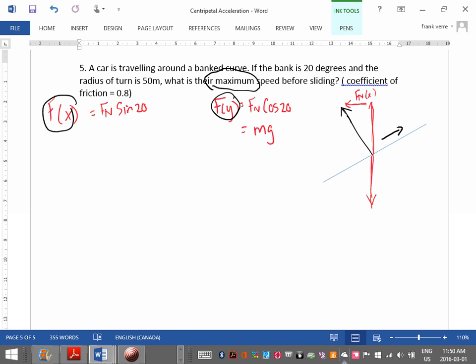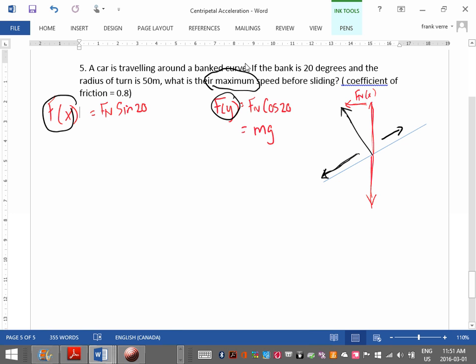Okay? So if that's the case, which way would friction be pointing? Yeah? Down. It has to be this way. So the friction has to be down the ramp. Okay? Does that make sense?